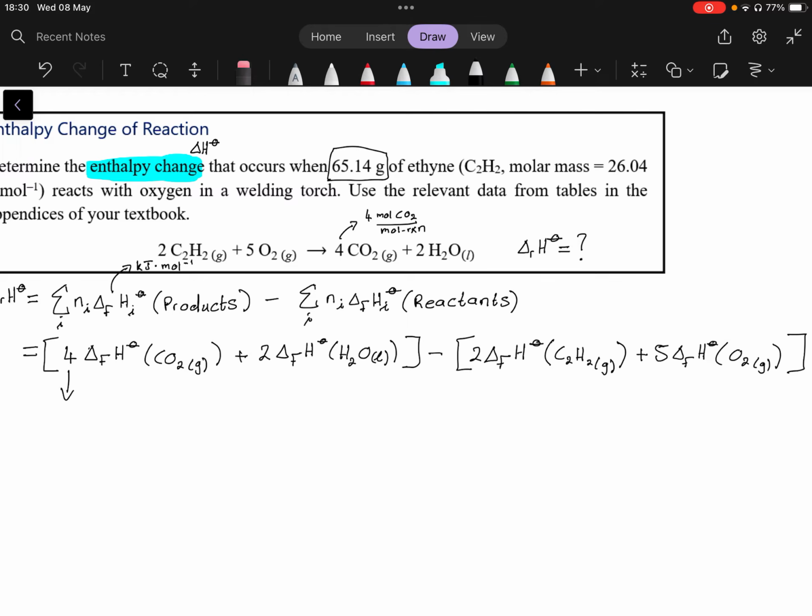Remember, the stoichiometric coefficients' units are technically, you can just write mole per mole reaction. Enthalpies' units are then kilojoule per mole. So you see what you're left with. You're going to cancel the moles and you're going to be left with kilojoule per mole reaction.